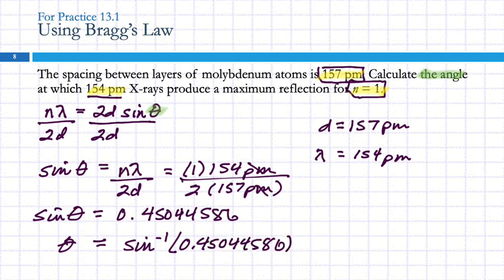This is where it matters if your calculator is set for degrees or radians. So I've got that number, and I'm going to do inverse sine of it. And I'm going to get 29.4 degrees as the angle at which we got the maximum reflection, the best constructive interference. So it's basically geometry used to figure out the structure of crystals. Any questions?